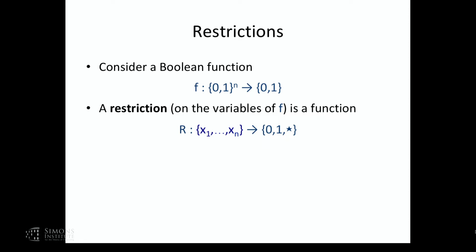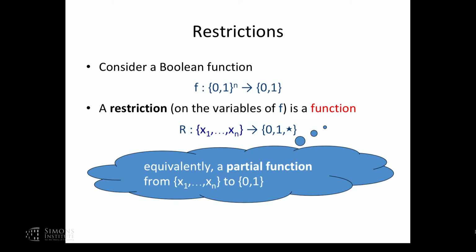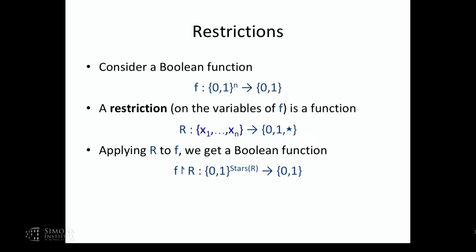By restriction, we mean a function mapping the variables to 0, 1, or star, meaning unrestricted. Equivalently, you can think of r as a partial function from the variables to 0, 1. If we apply r to the function f, then we can view the restricted function as a function on the subcube over the free variables, over the stars of the restriction.